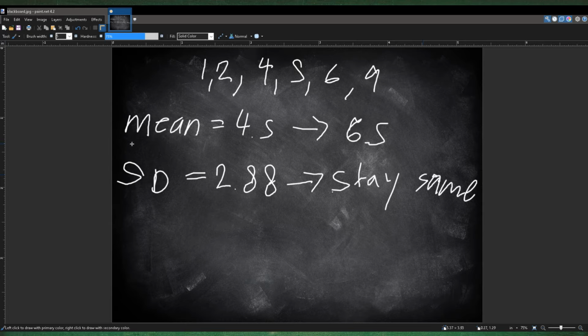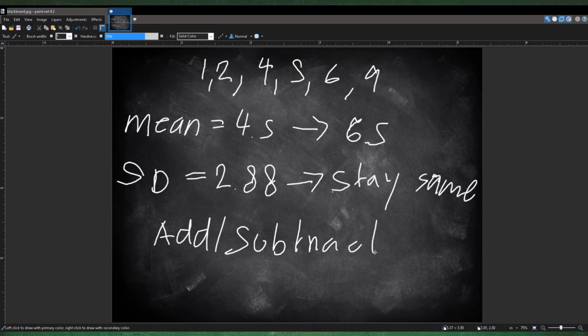So the rule is that if you're adding or subtracting any number to this group, the only thing that's going to be affected is the mean, and it's going to be affected by this amount. So you add 2 to each of them, then the mean will increase by 2. And if you subtract 2 from each of them, then the mean decreases by 2.